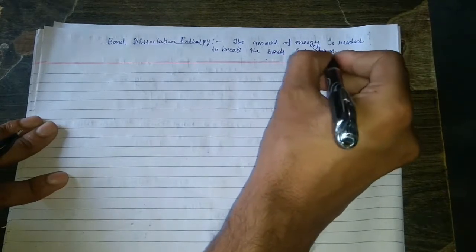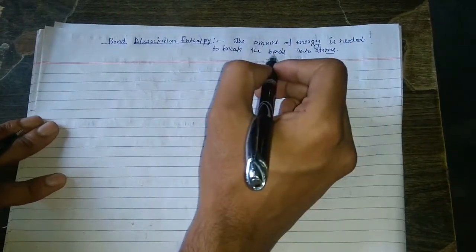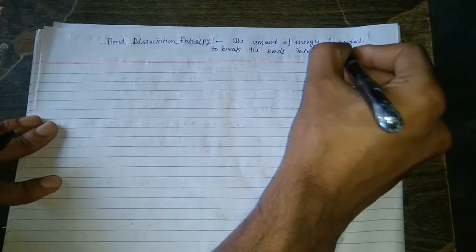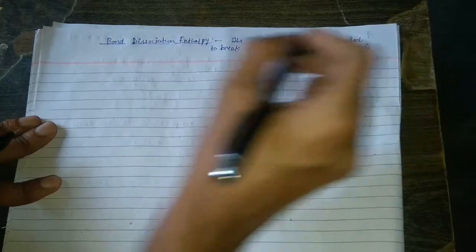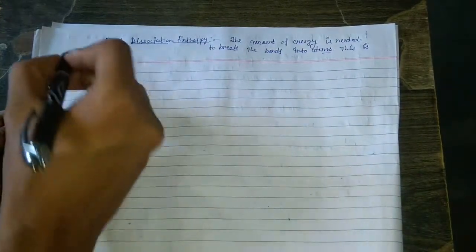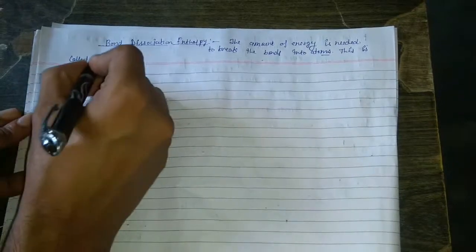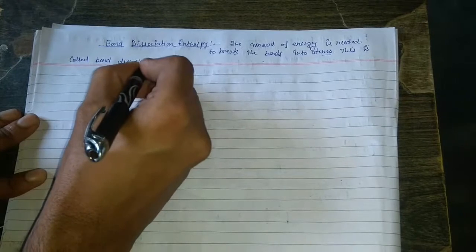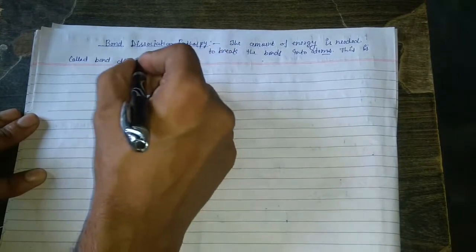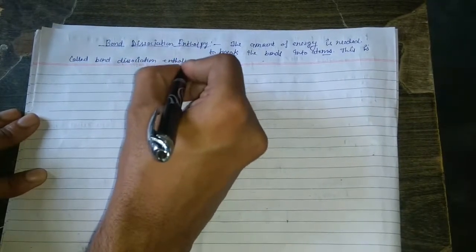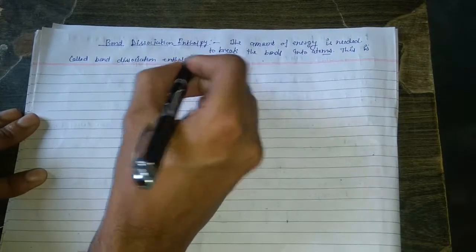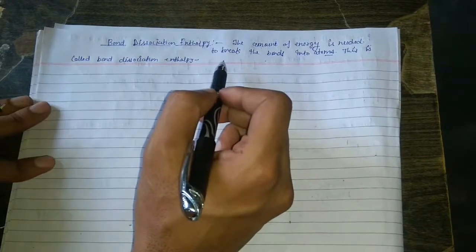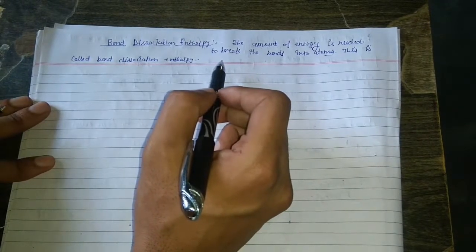So here is the bonded molecule, and here the bonds break into the atoms. So this is called bond dissociation enthalpy. The energy required to break the bond into atoms is called the bond dissociation enthalpy.